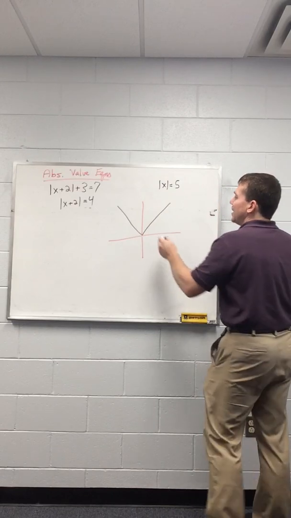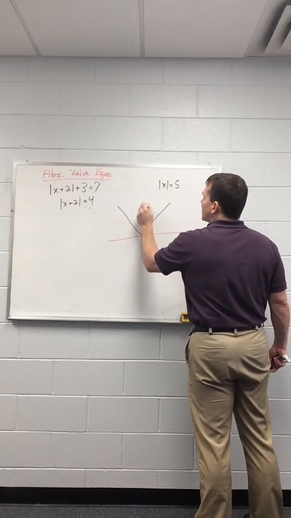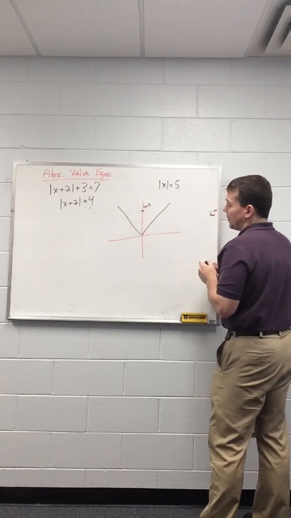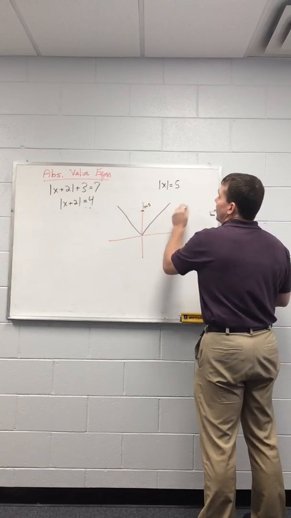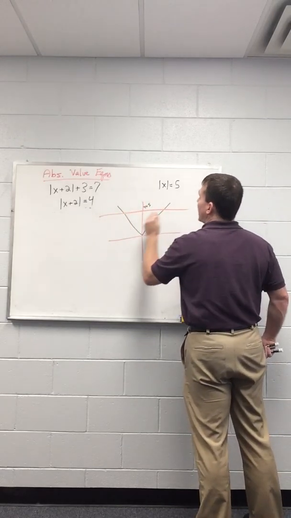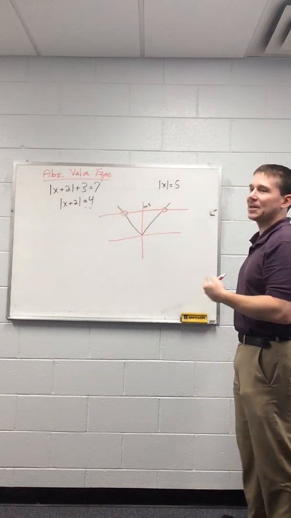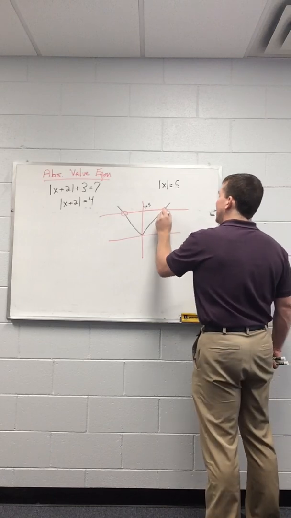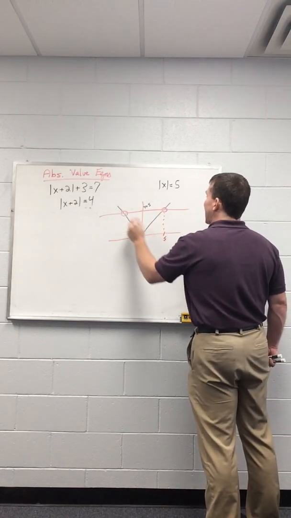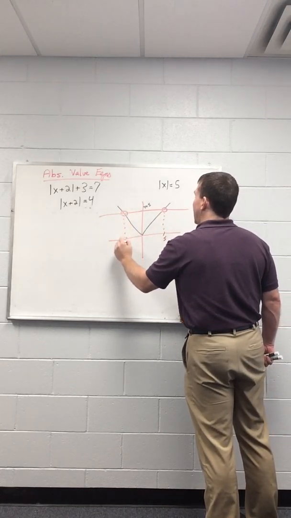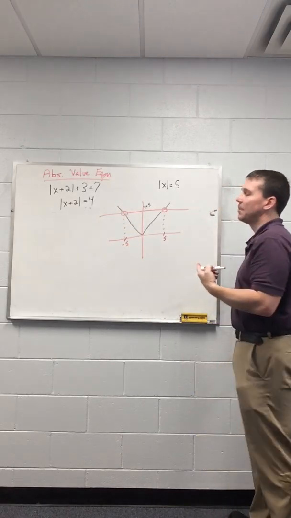I can find the point y equals 5, and then draw a horizontal line through that point. There are 2 points on the graph that give me an absolute value of 5. Clearly, it will be x equal to 5 and x equal to negative 5.